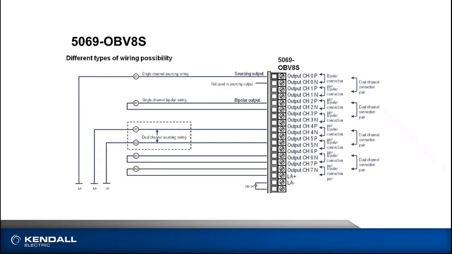Something else to note there at the bottom of the terminal strip is local actuator plus and local actuator minus. This module is an example of one of the modules where we need to provide 24 volts to the LA plus and LA minus terminals for proper use of the module. This module does not make use of the SA or sensor actuator bus that is created when the modules are joined together.